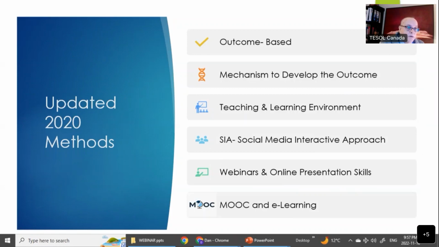They developed an outcomes-based program for their university students, and all of these other styles of approach and methodology that have evolved, and some of them became extremely important as a result of the pandemic that occurred. Social media interactive learning really stepped up.